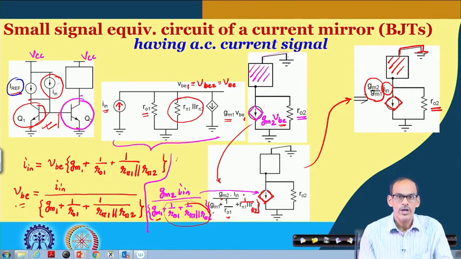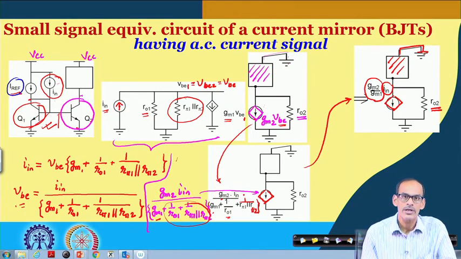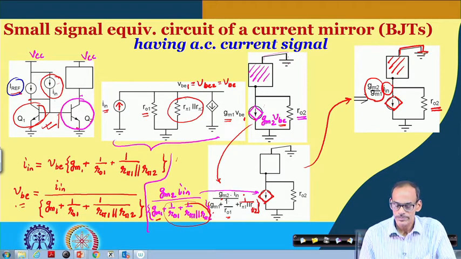So, now we have covered the small signal equivalent circuit of the current mirror for different cases, namely if the current mirror does not have any signal current, then the equivalent circuit is very straightforward. Whereas, if the current mirror has an input current, then of course, that current goes to the application circuit.